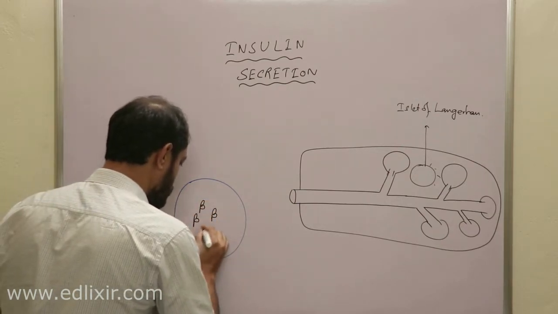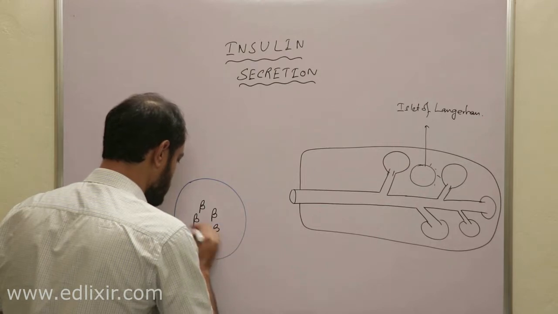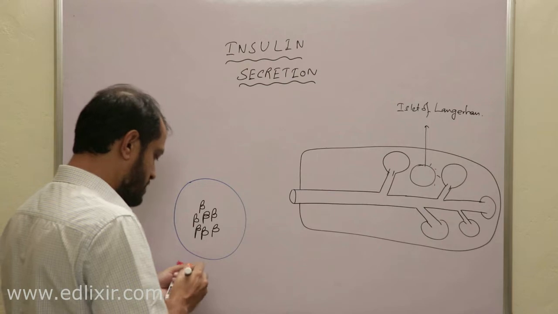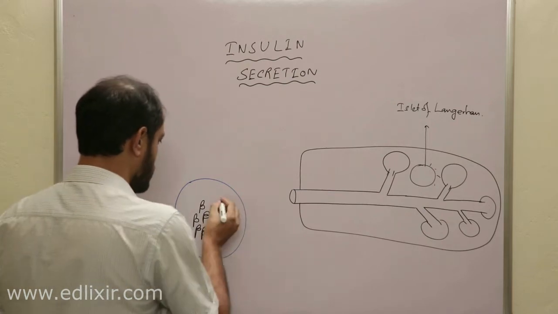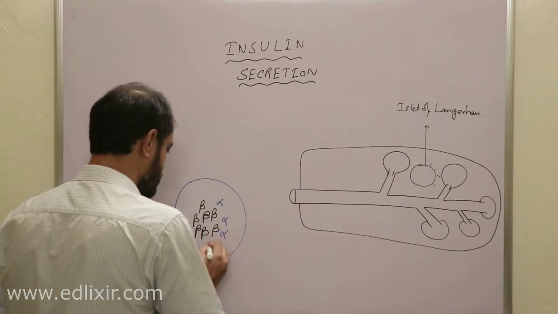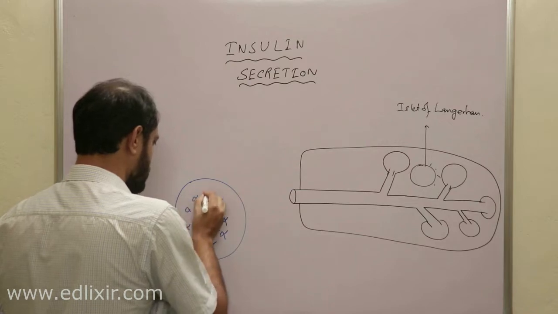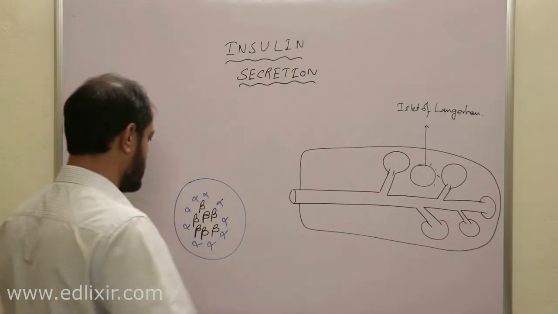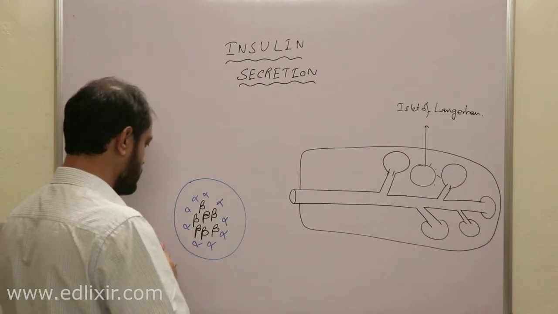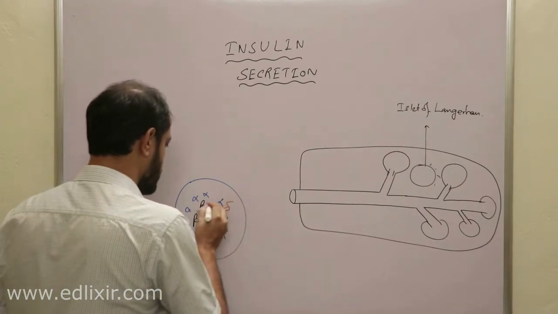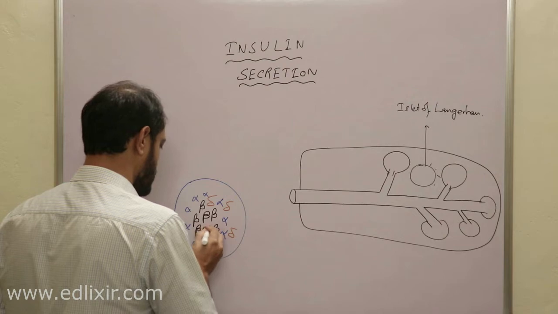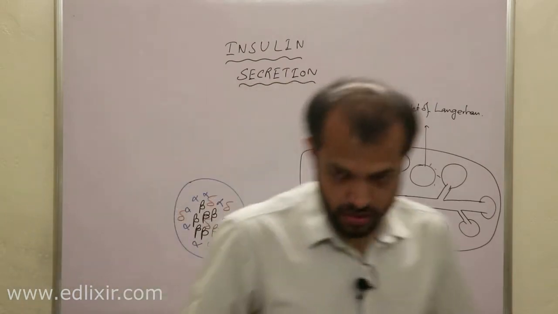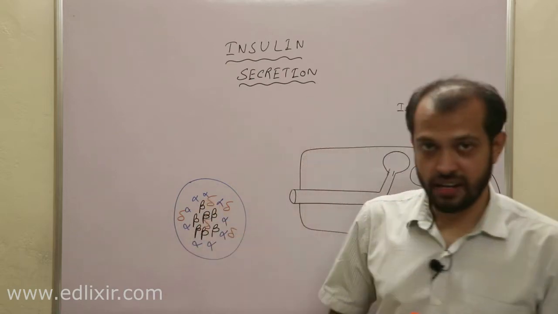In most cases, beta cells are always present in the center, surrounded by alpha cells, and delta cells can be anywhere. They can be here, they can be here, anywhere. So, this is the arrangement of cells in the islet of Langerhans.